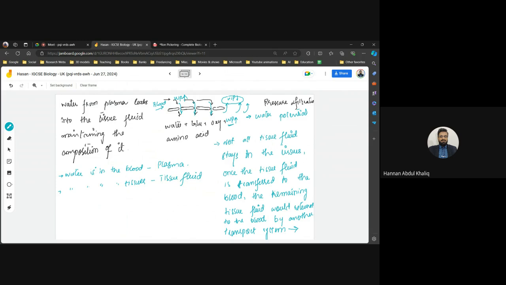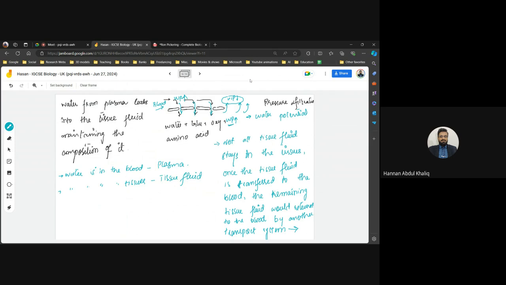But now, once the blood is in equal water potential with the tissue fluid, no more water would be provided back to the blood.